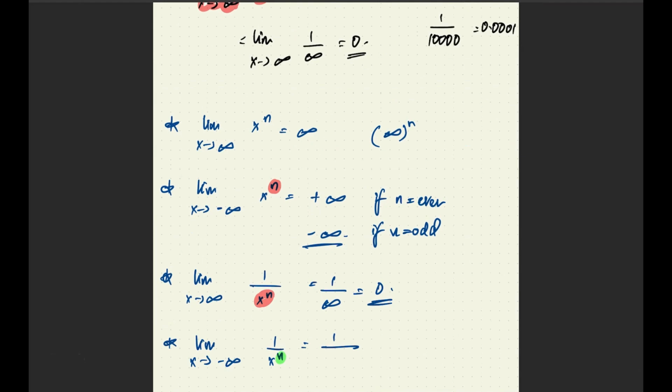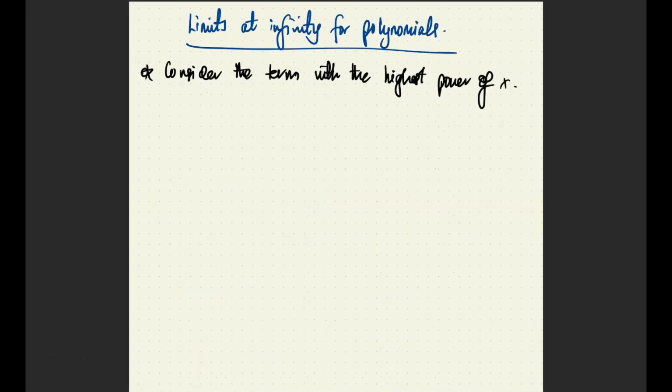So 1 divided by any large number, be it positive or negative, is just going to give you 0, and 0 has no sign, right? So it really doesn't matter what the sign of this infinity is. The overall answer is just going to be 0, because 0 has no sign. So even if it was 1 divided by positive infinity, you'd have 0, or even if it was 1 divided by negative infinity, you'll still have 0. So that is how that works.